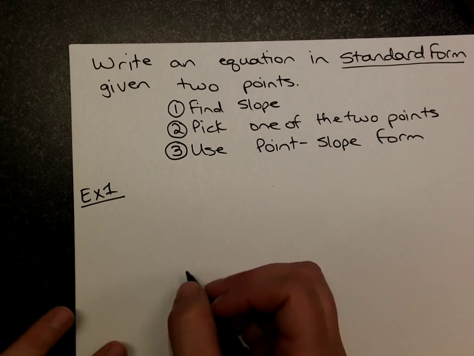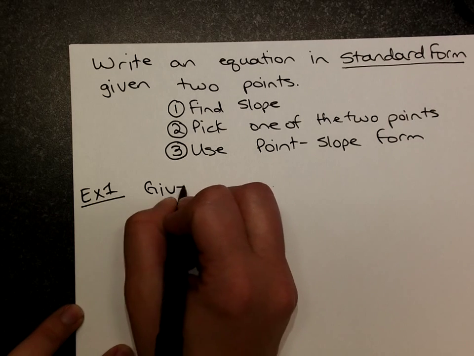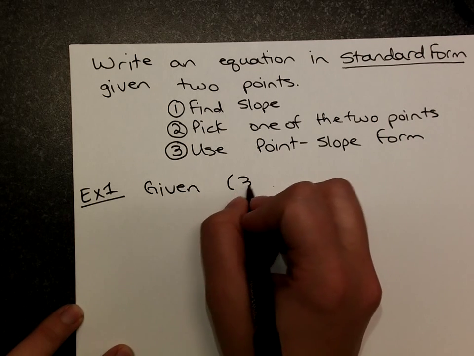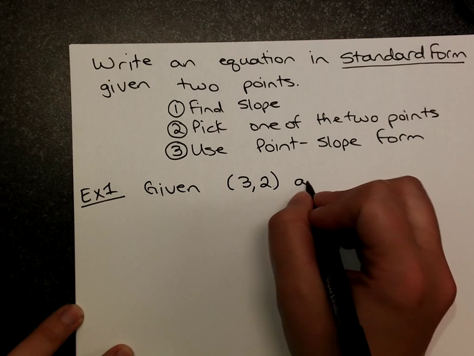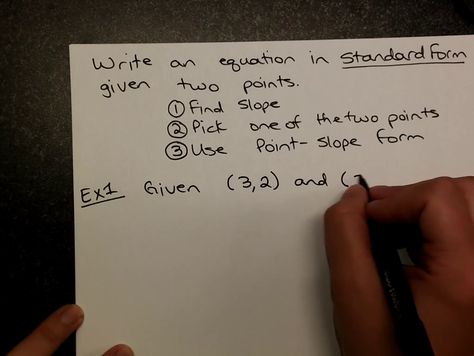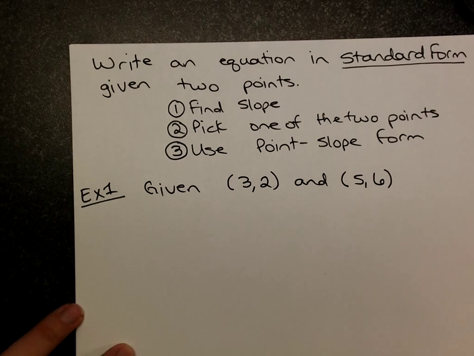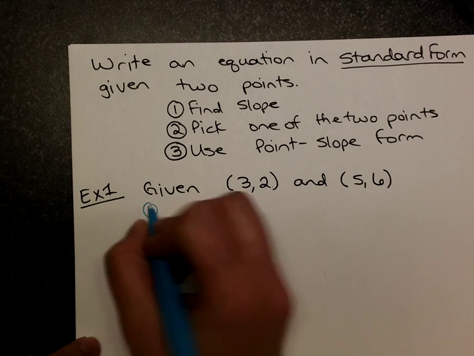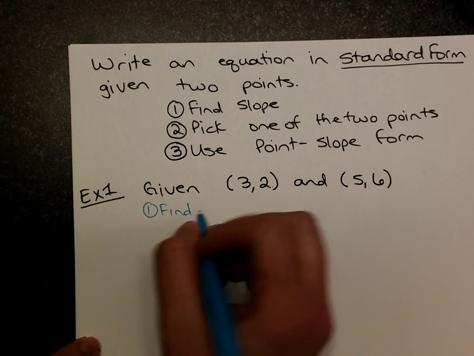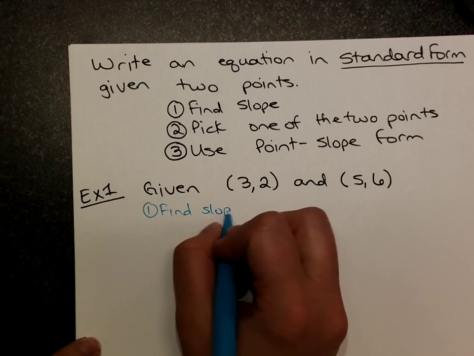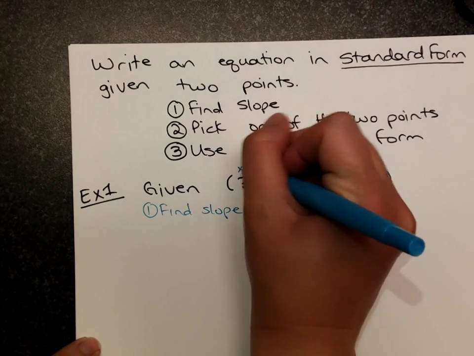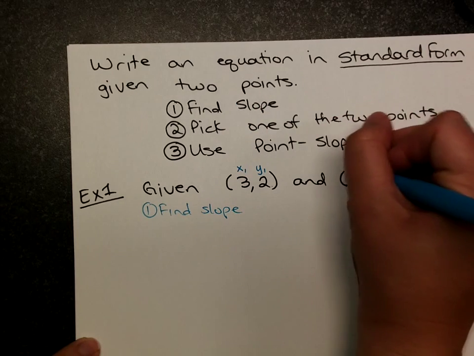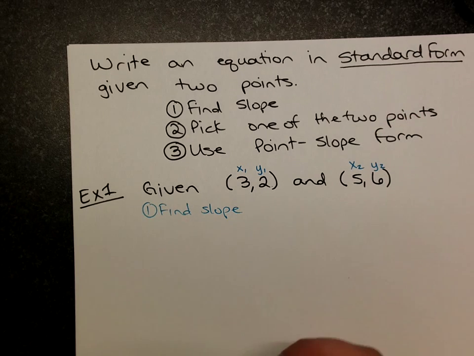Example 1, you're given the points 3, 2, and 5, 6. So my points are 3, 2, and 5, 6. First thing we want to do is find the slope. I like to label x1, y1, x2, y2, just to help me focus.